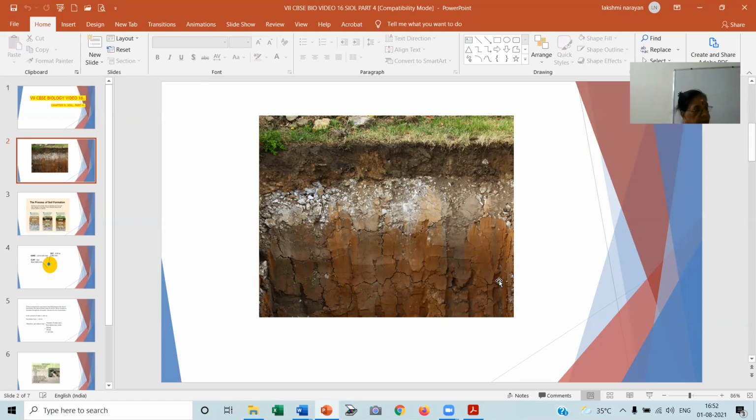It is an important natural resource. It helps us to grow plants from which we get food, fiber, medicines, paper, wood, and so on. And soil is a home to many organisms. Examples: earthworm, ants, and some rodents.